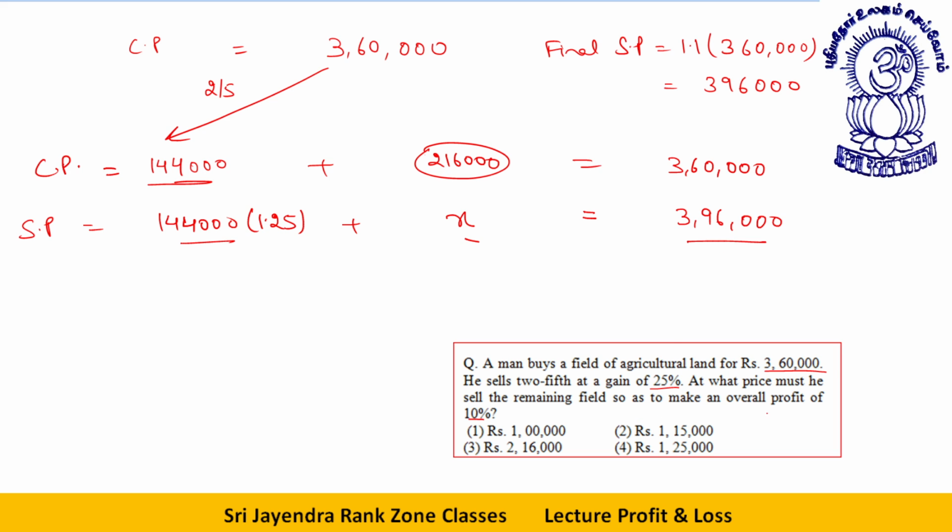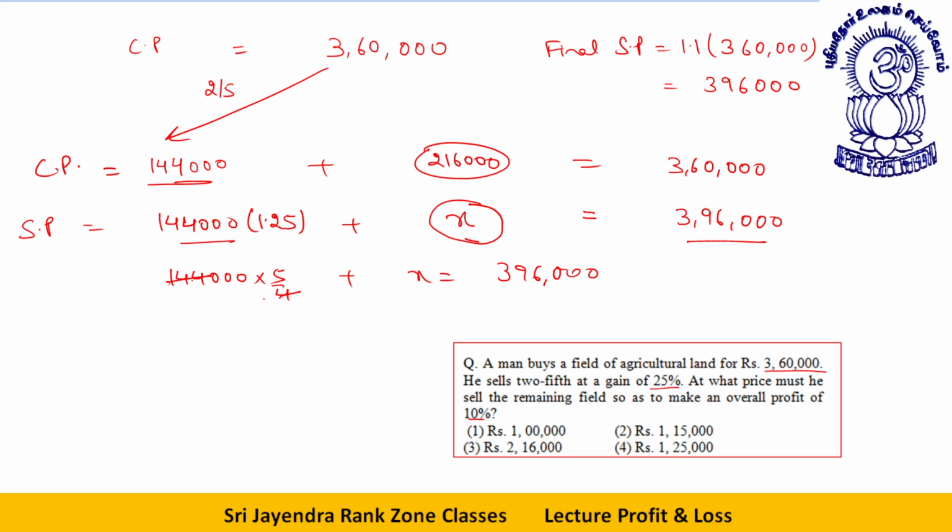Now, at what price must sell the remaining field so as to make an overall profit of 10%? Let's say this is being sold at a price of X. 144 into 1.25, or I can say 144,000 into 5 by 4 plus X is equal to 3,96,000.